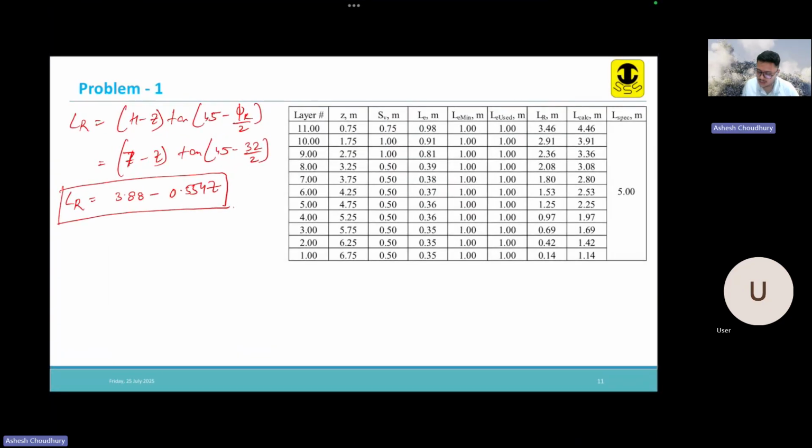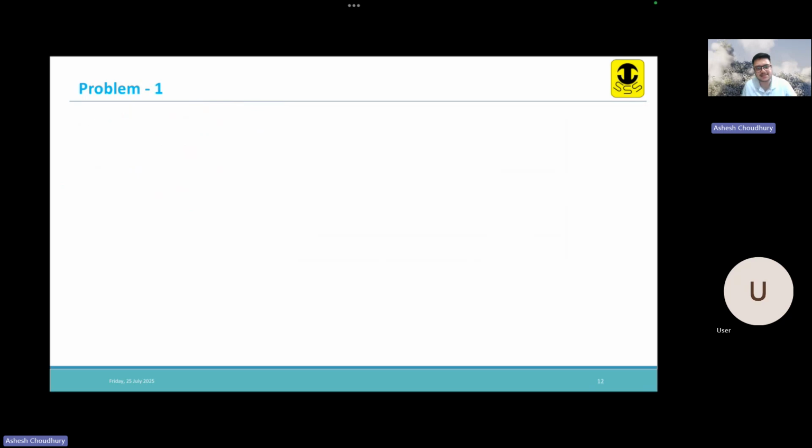Okay, so done. The last part is that you also have to check the connection strength. The connection between the facing block, the modular precast block, and the geogrid also has to be checked. So we have to ensure that connection strength is checked.